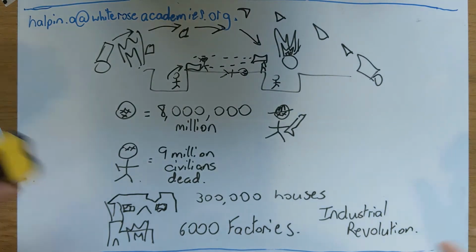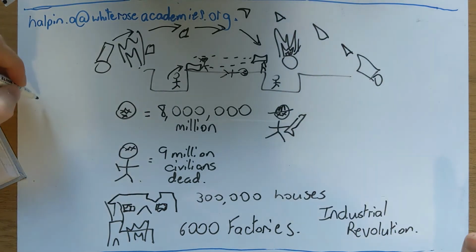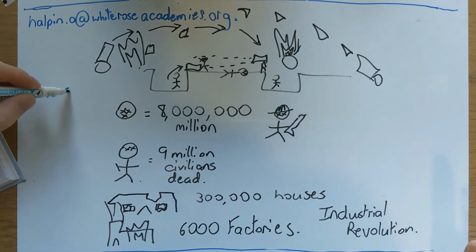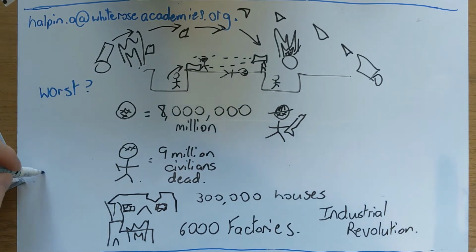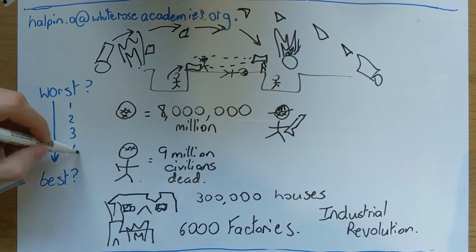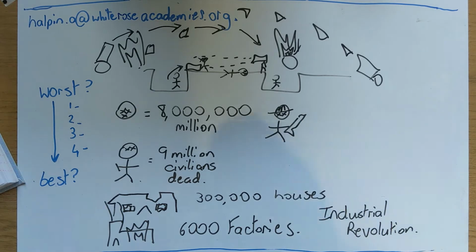Right, now what I'd like to do is tell me which do you think is the worst and which is the best or least worst, and then create an order. So create an order of 1, 2, 3, 4 things and tell me why they are such a problem.